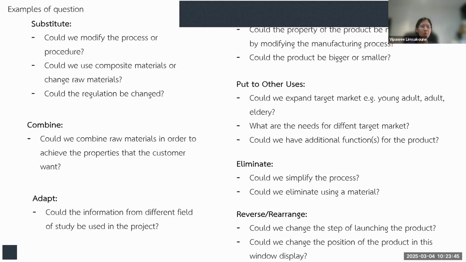This slide is to help us ask questions to ourselves when we want to find ideas regarding substitute. We could also ask ourselves, could we modify the process or procedure? Okay, that's an example of a question. Could we use composite material or change raw material?